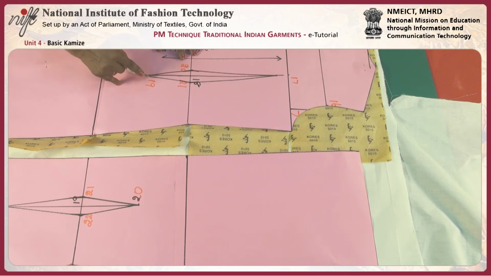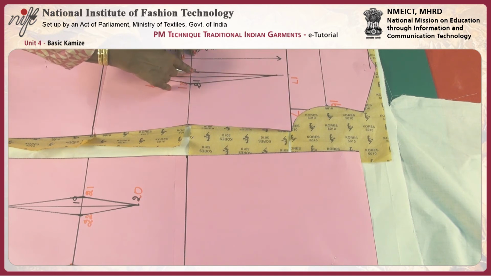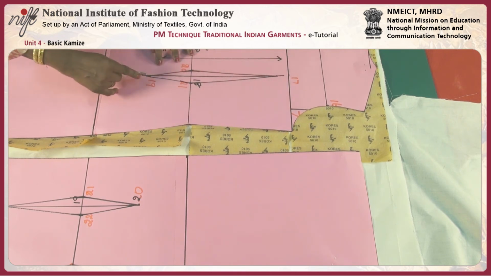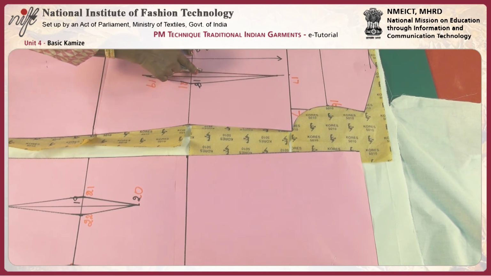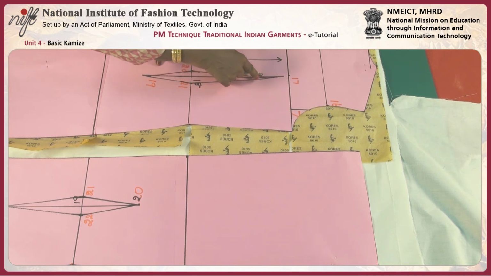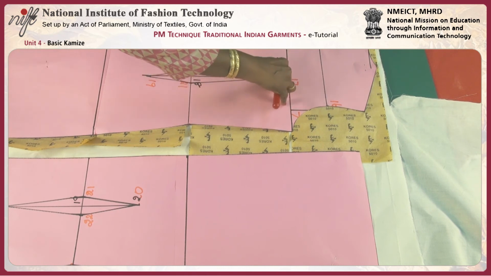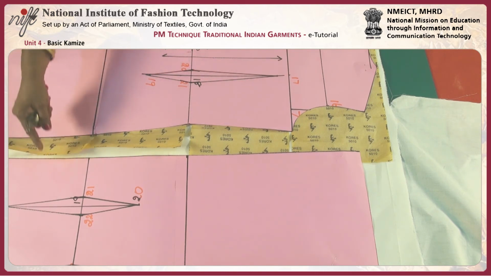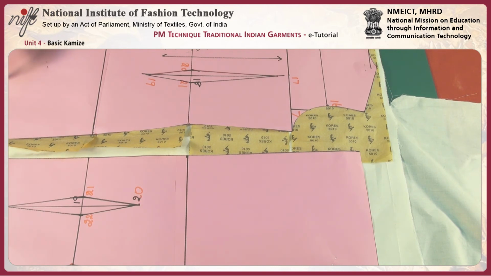And trace the dot also. In the same way, we need to trace the front by marking all the dot points, bust point and armhole dot and waistline dot.